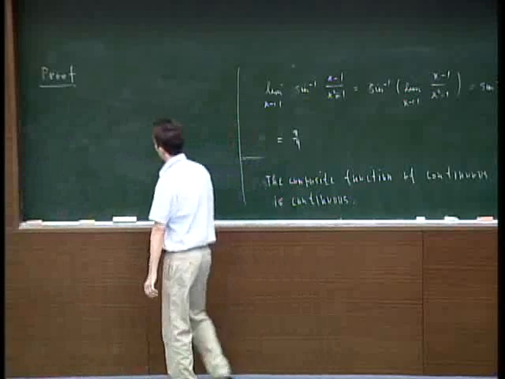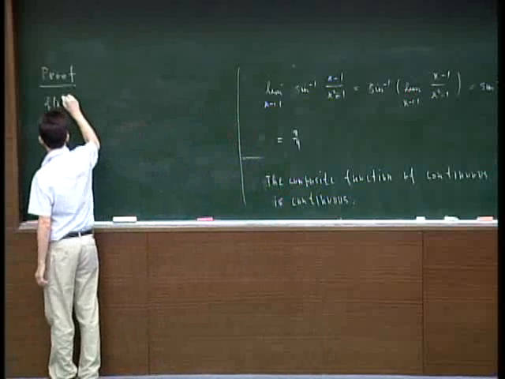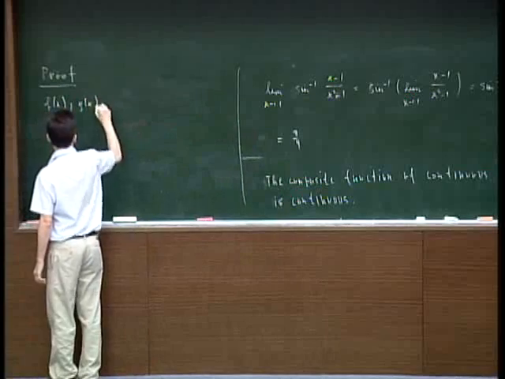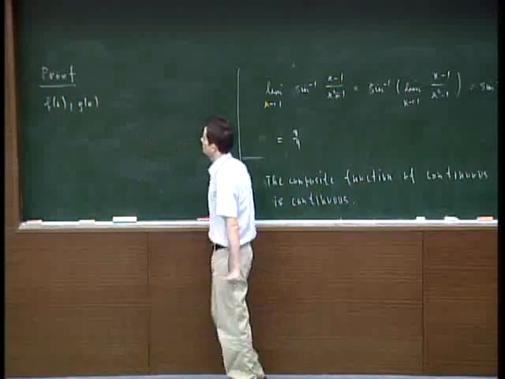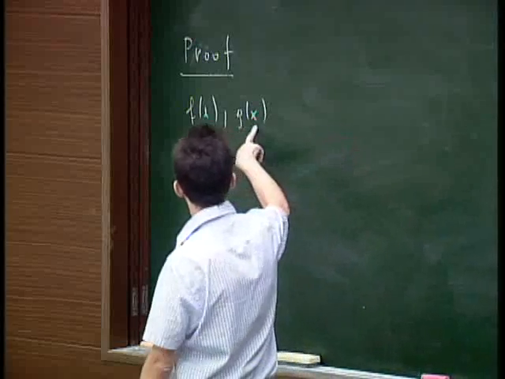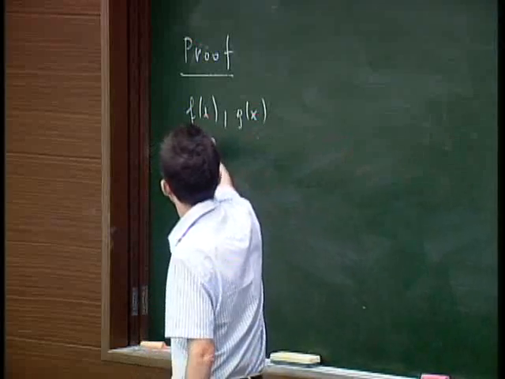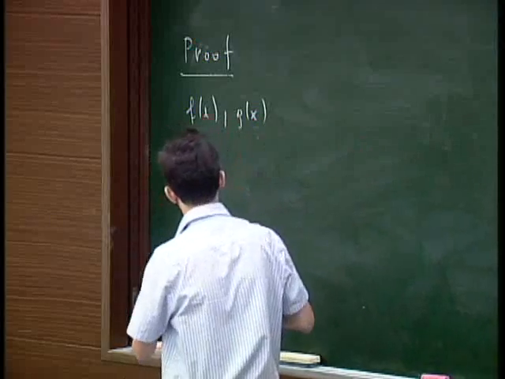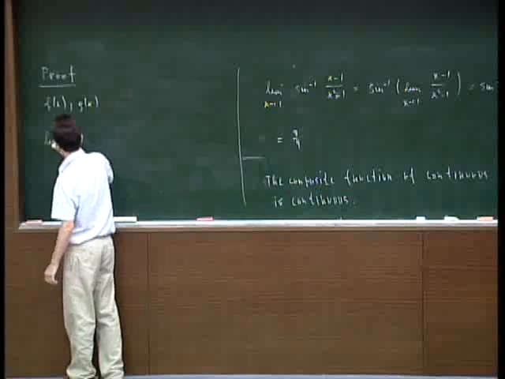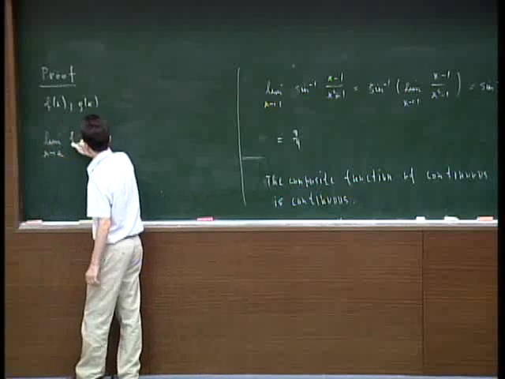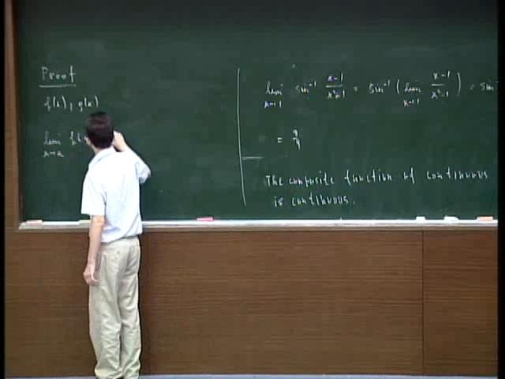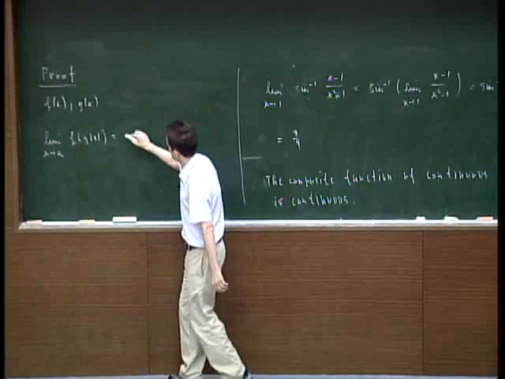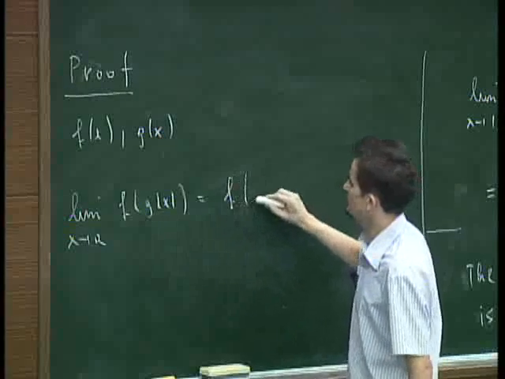let's say we have two functions, f of x and g of x. Now, let's assume that g of x is continuous at a and f of x is continuous at g of a. Then if we look at the limit as x tends to a of f of g of x, because this function is continuous, we can take in the limit.